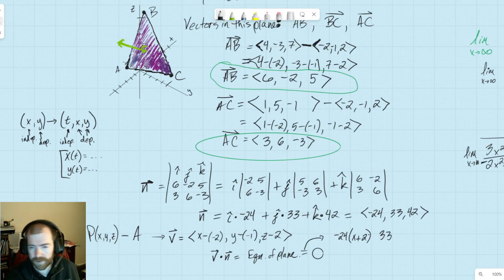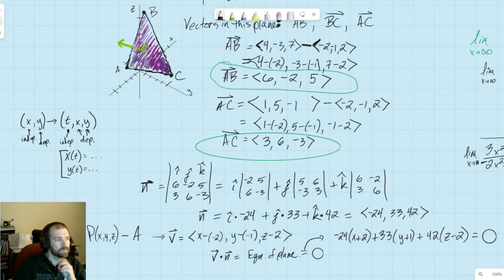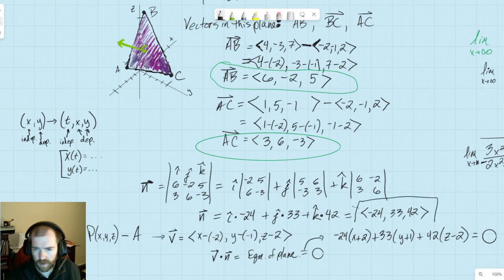Things are waking up now, so plus 33 times y plus 1 plus 42 times z minus 2 equals 0. That's the equation of your plane. Or, well, that's the equation of the plane that goes through those 3 points. We also had, again, the normal vector to the plane that goes through those 3 points, and then the equation of the actual plane.